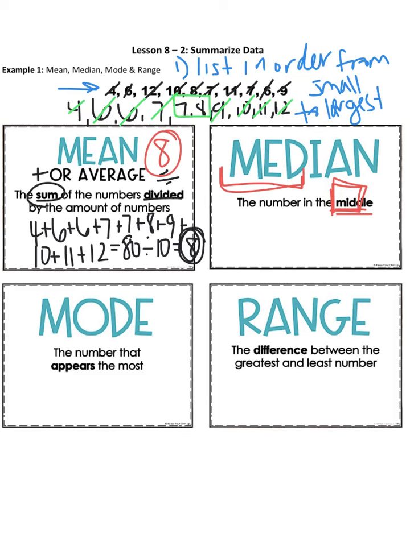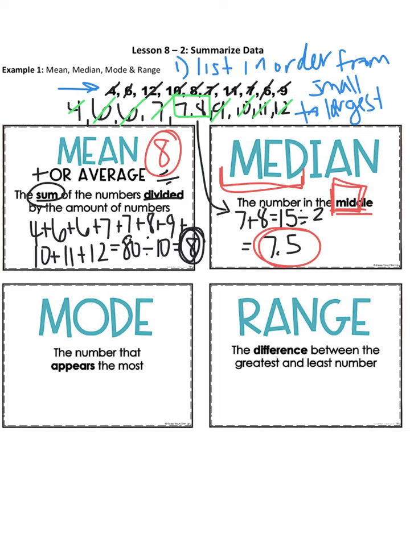I see that I have 2 numbers in the middle, a 7 and an 8. To figure out the median, I take 7 plus 8, which equals 15, and divide that by 2 to find the number directly in the middle of 7 and 8. My answer is 7.5, so the median of my data is 7.5.